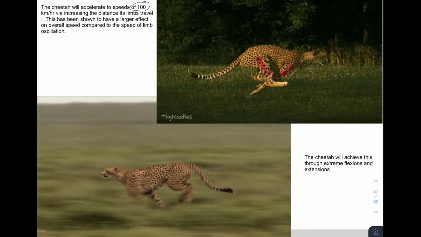So not only are the limbs swinging quickly, but the limbs are actually getting much closer to each other and flexing more and extending more. In fact, that's actually the more important way that the cheetah gains speed, is through this extreme hyperflexion and hyperextension.